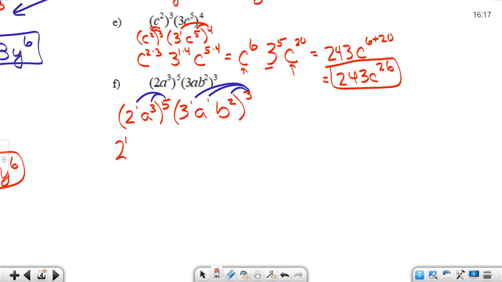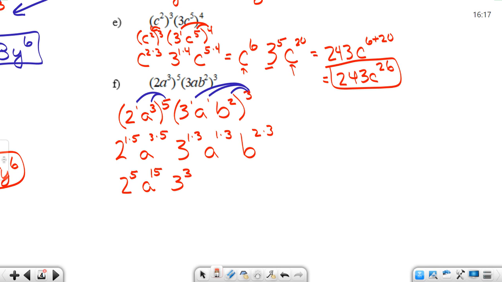So we're going to have 2 to the 1 times 5, a to the 3 times 5, 3 to the 1 times 3, a to the 1 times 3, b to the 2 times 3. So it's going to be 2 to the 5th, a to the 15th, 3 to the 3rd, a to the 3rd, and b raised to the 6th.